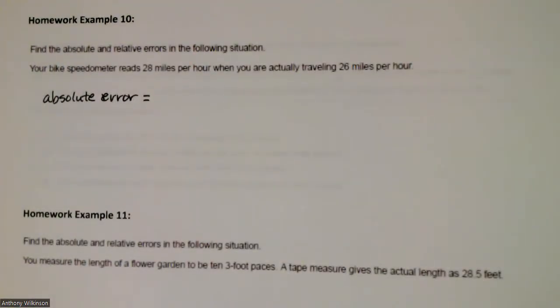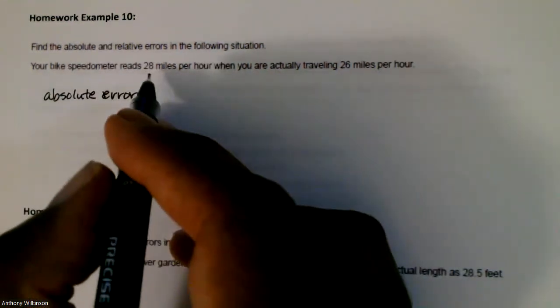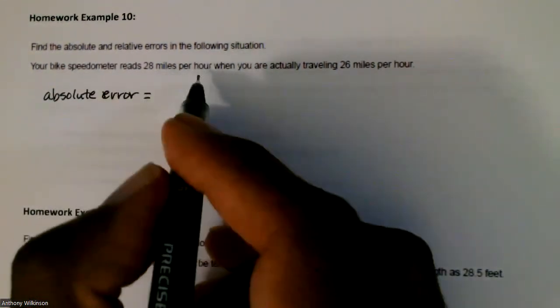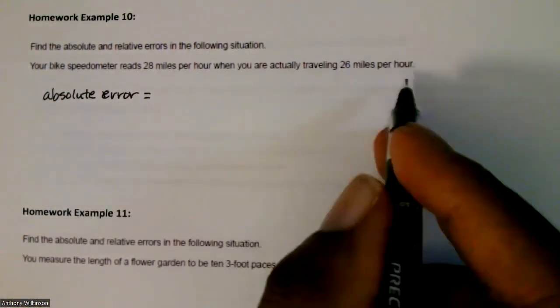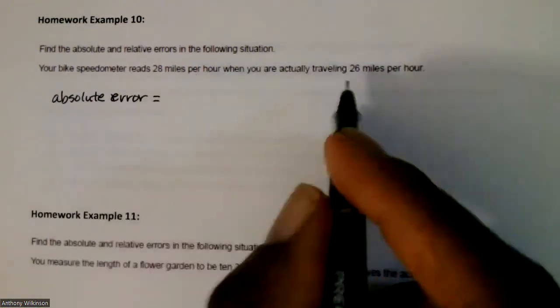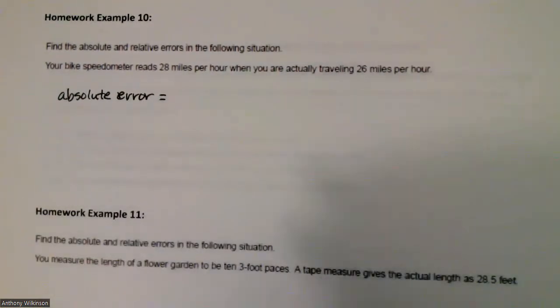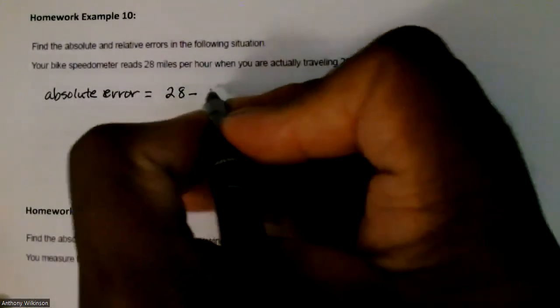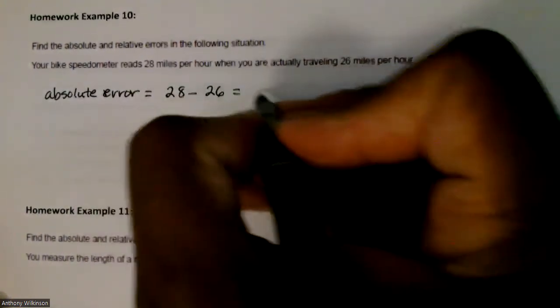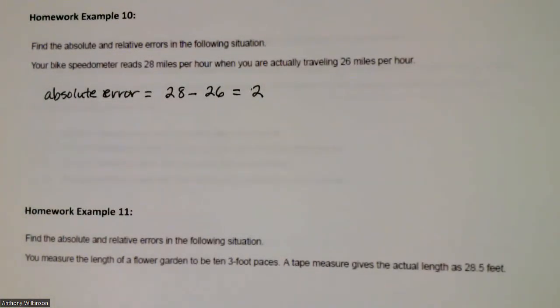Absolute error is the measured value minus the true value. Here's the measured value, 28 miles per hour. And this is the true speed, 26 miles per hour. So the measured minus the true value, 28 minus 26, is going to give us 2.